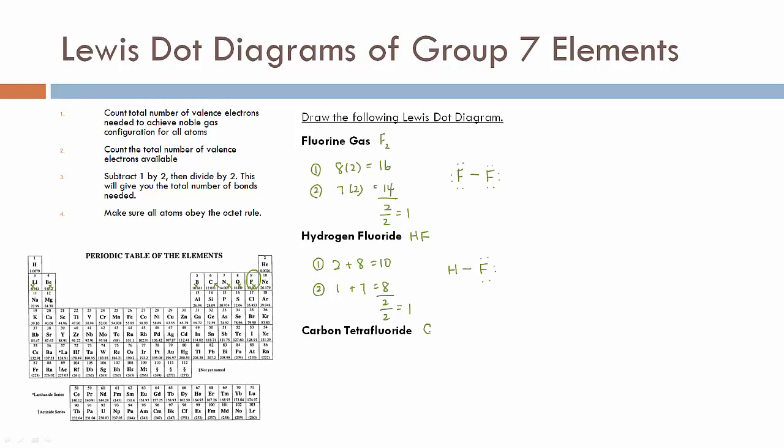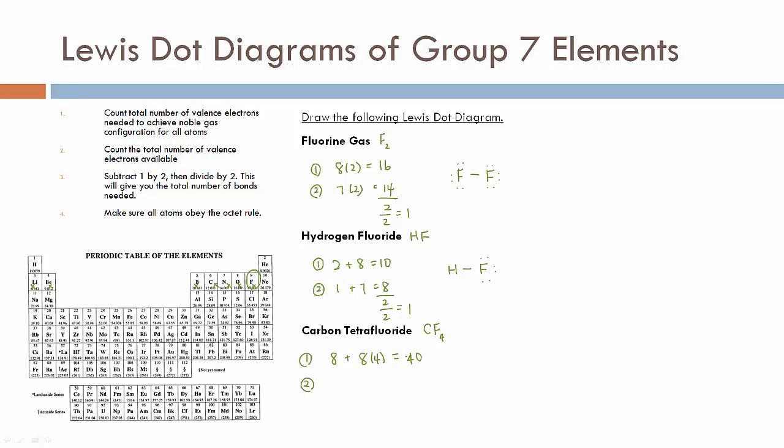The last molecule, carbon tetrafluoride, CF4. Carbon requires 8 valence electrons to fill its valence shell, and each of the 4 fluorines requires 8 electrons each to fill its valence shell, so you multiply 8 by 4, and that would be 40.